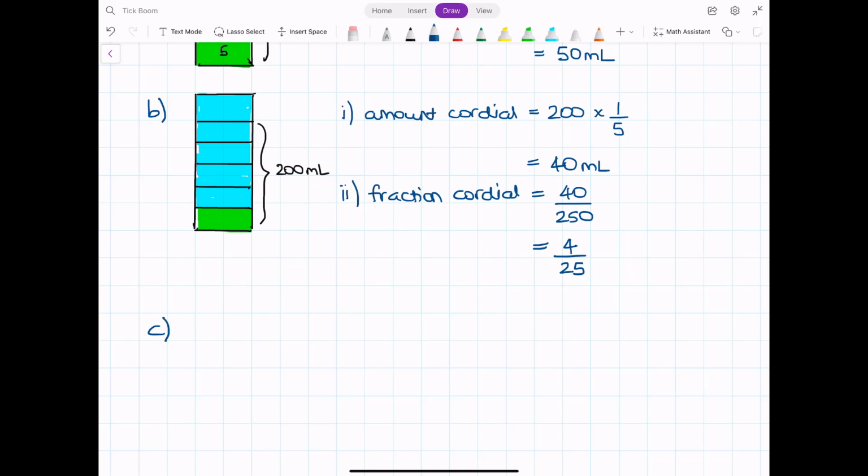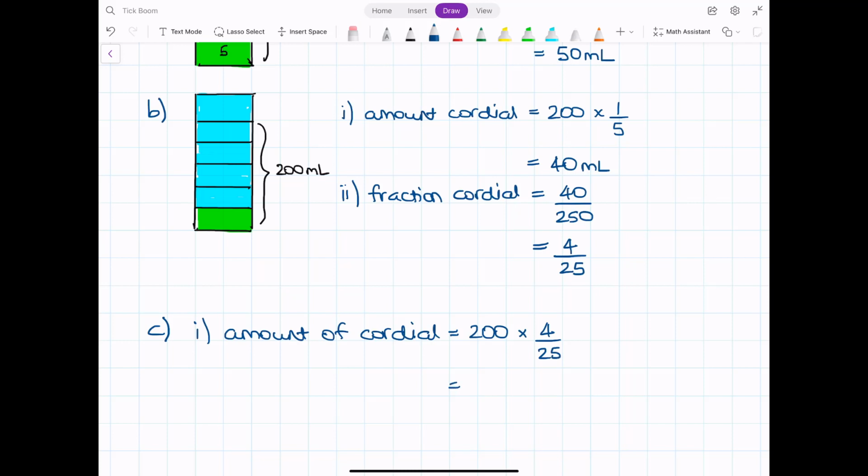So once again, we'd get to 200 mils, but instead of it being 1 part cordial out of 5, it's now 4 parts cordial out of 25. So for part 1, the amount of cordial would now be equal to the 200 milliliters that is left after 50 milliliters have been drunk, multiplied by 4 on 25, because that's the fraction that would be cordial.